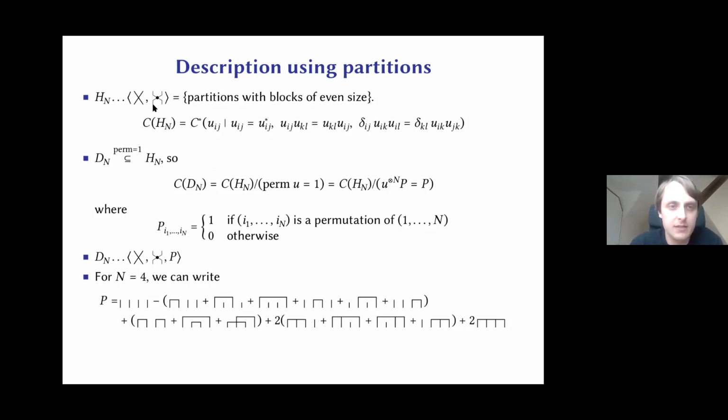That just means that all the blocks here have an even number of strings going from them, and this is generated by those two elements, the crossing, of course, and now this 4 partition. If you write down exactly the relations corresponding to those two partitions, then except for self-adjointness, you get the commutativity for the crossing, and this relation for the 4 block.